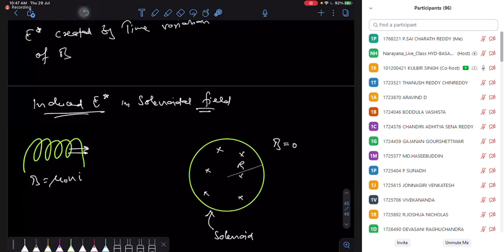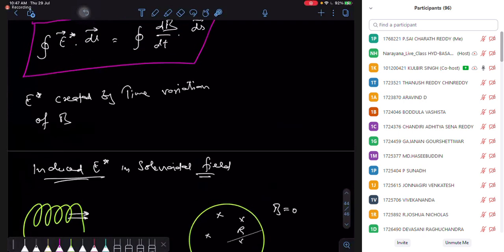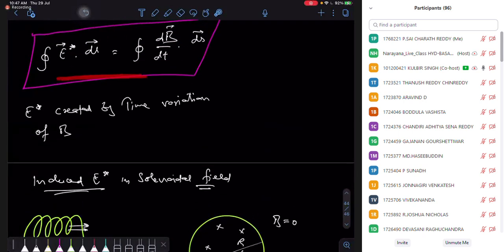To find this induced electric field, we can take the help of Ampere's law, we can take the help of Faraday's law. First of all, to find this integral, the integral is going to be such that the dot product is simple and E will be out of the integral, right?